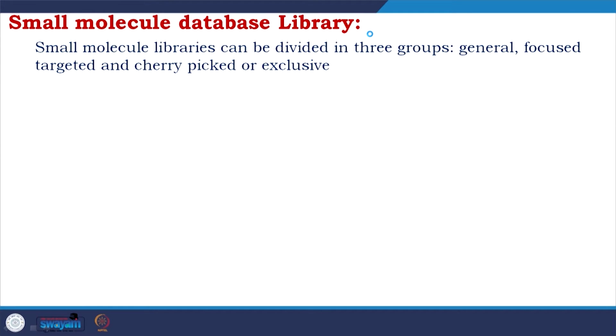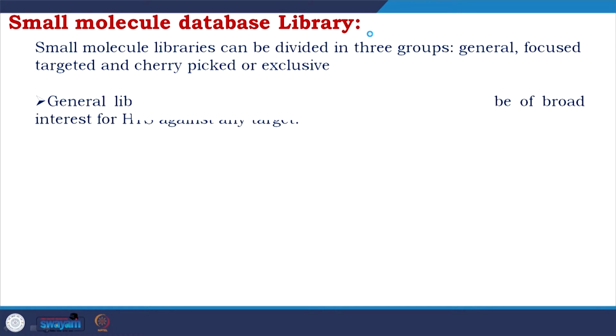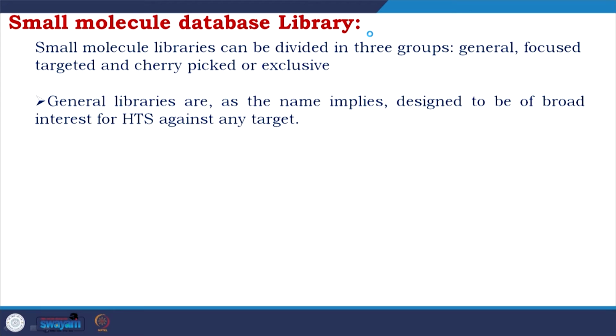So, coming to small molecule database libraries, small molecule libraries can be divided majorly into three groups, which are general, focused and targeted, but there is a special one which is cherry picked or exclusive library. General libraries are, as the name says, general, designed to be of broad interest for high throughput screening against any target.